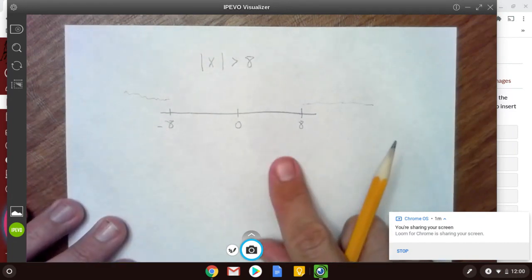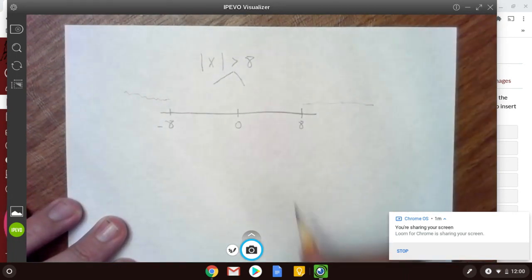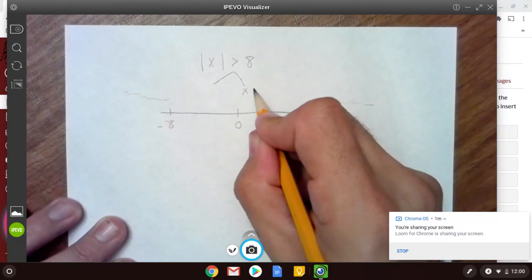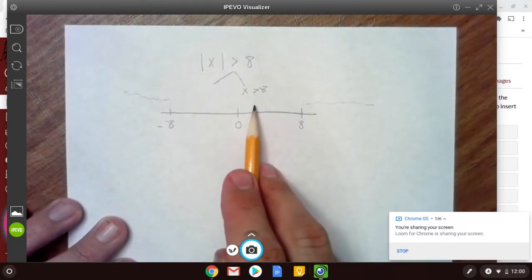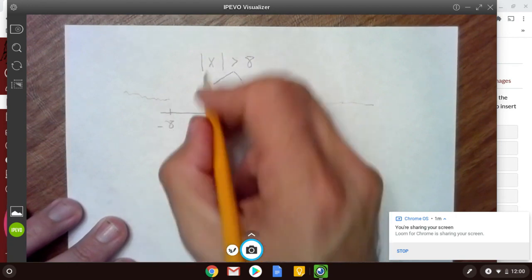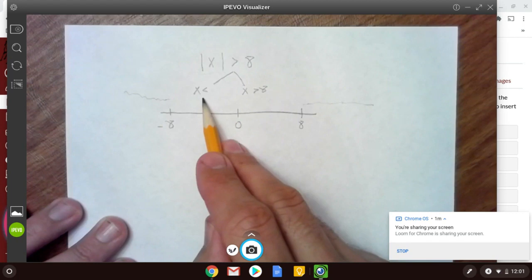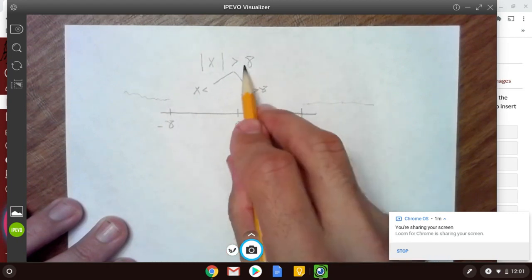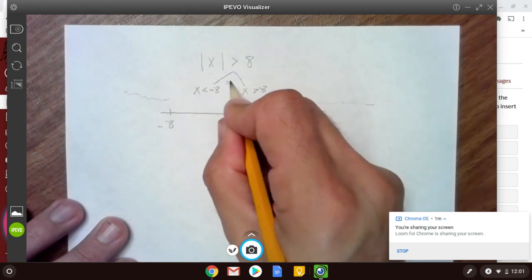So the way we're going to break these down is we'll have two scenarios. We'll have just x is greater than 8, so just the original statement. And we're also going to have x is less than, where we flip the sign, and then we just add a negative to this part. And then it's going to be an or statement.